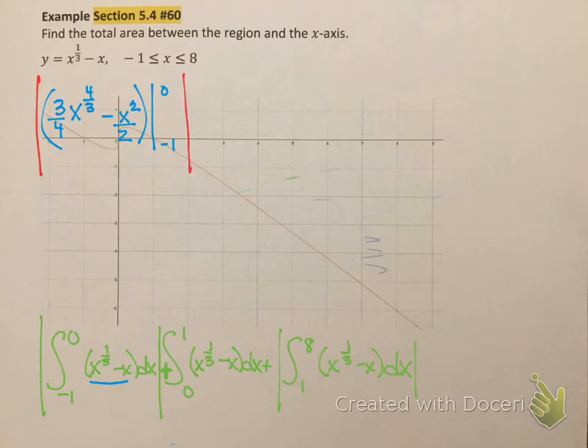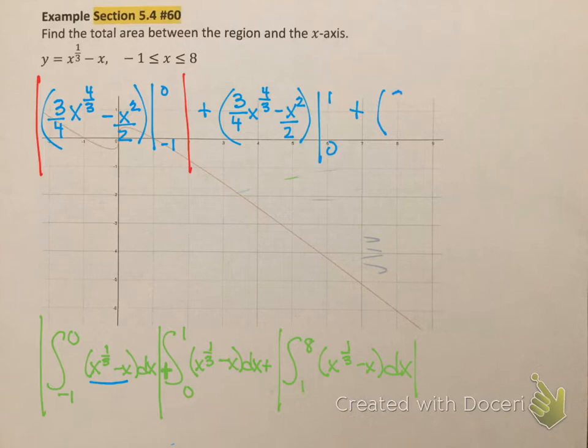And then you are adding to that, I'm just going to get the same integral every single time, right? So I'm going to get 3/4 x to the 4/3 minus x squared over 2, but I'm evaluating from 0 to 1, and I don't need absolute value bars.